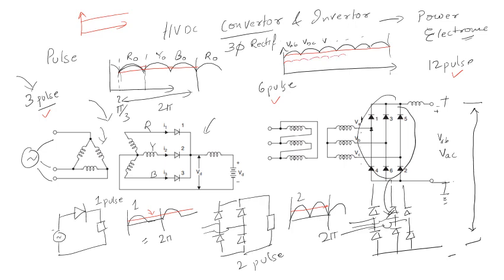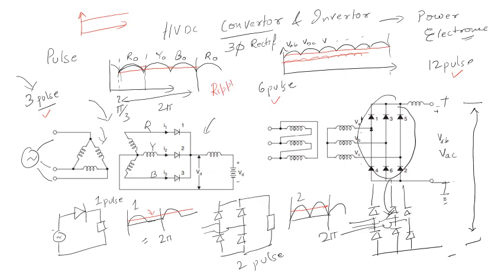Okay, so from the waveform, there is very little part that is not resembling a DC. Most of it is a DC supply. So the term for this resemblance is called ripple.